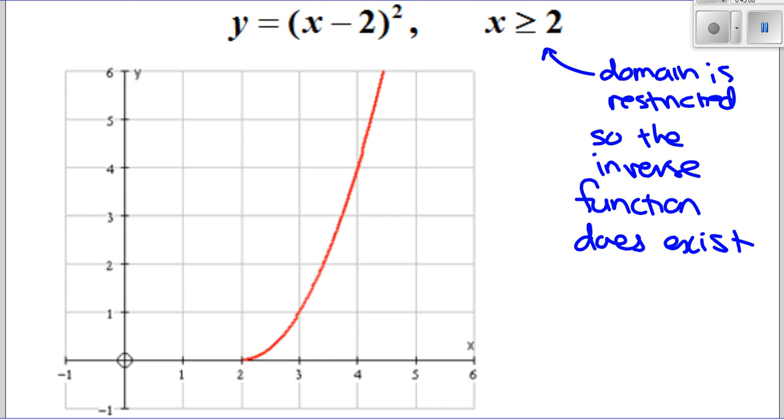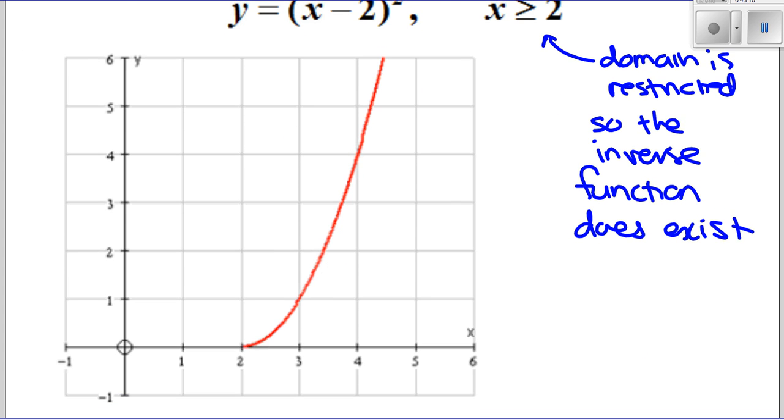So we can plot the line y equals x first. It's got to go from 0, 0, 1, 1, 2, 2, 3, 3, 4, 4, 5, 5, 6, 6, and so on. Let's draw it.